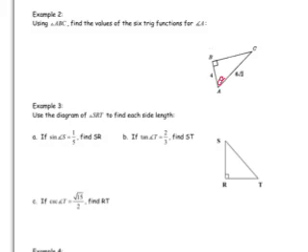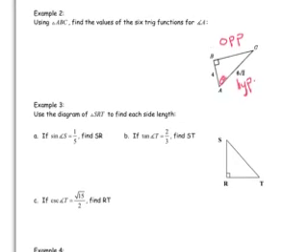Go ahead and label opposite, adjacent, and hypotenuse. So you might find it easier to start with the hypotenuse, because it's always the side across 90. So this is my hypotenuse. So go opposite of your angle. This is opposite. And AB is going to be adjacent.